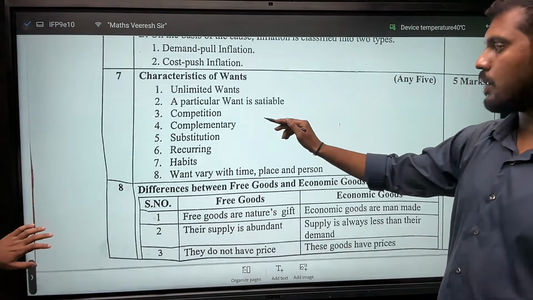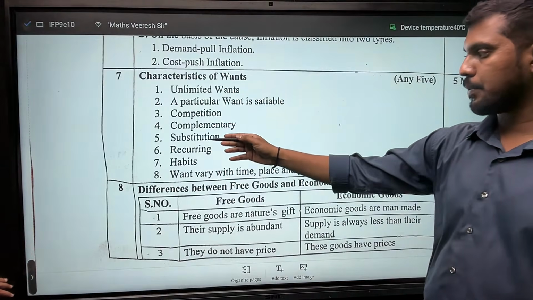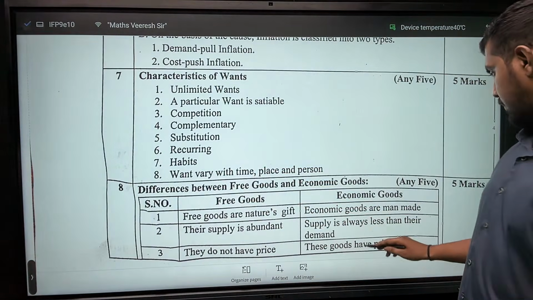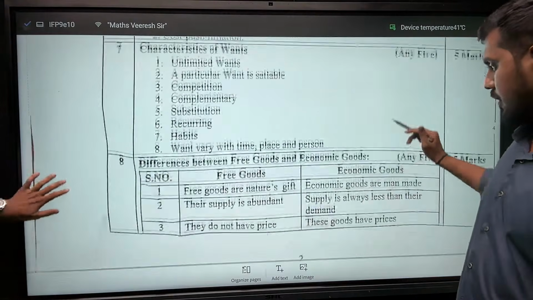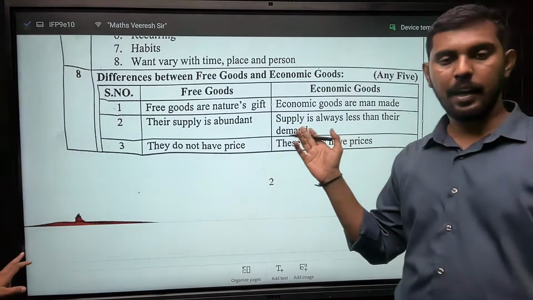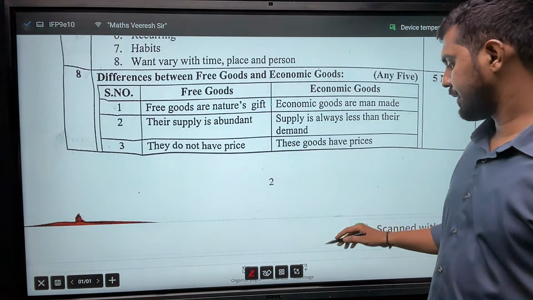Either unwanted wants, particular want is satiable, competition, complementary, substitution, recurring habit, want with various time and place. If you look at this free good and economic good, if you write only 5, you will get 5 marks.